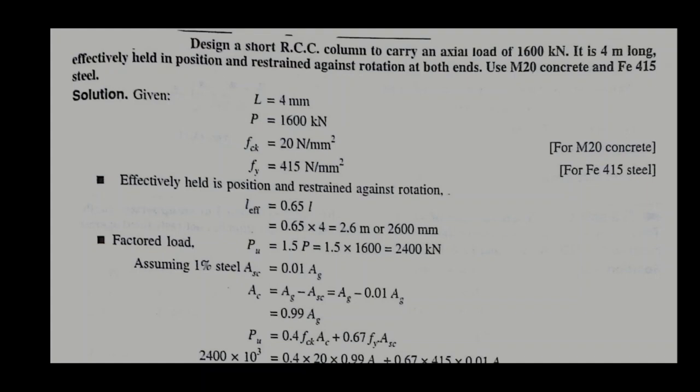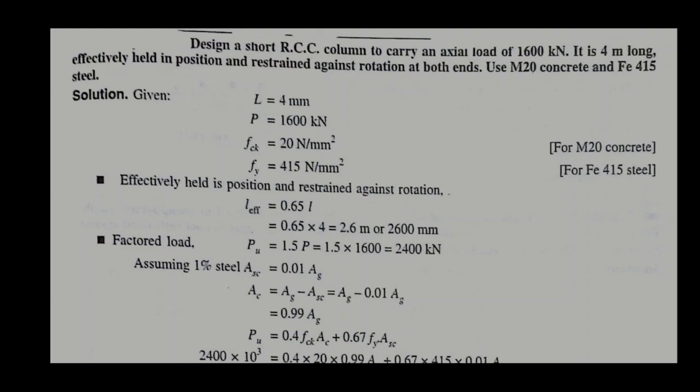Design a short RCC column to carry an axial load of 1600 kilonewton. It is 4 meter long, effectively held in position and restrained against rotation at both ends. Use M20 concrete and Fe 415 steel.